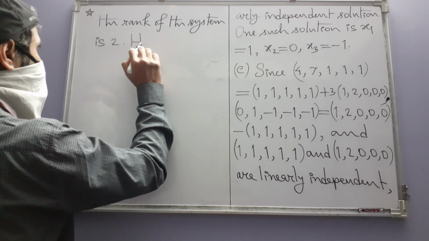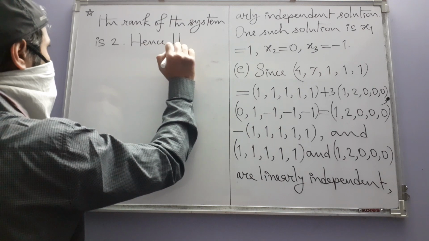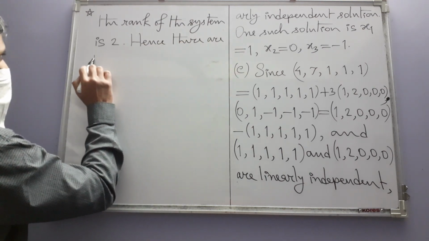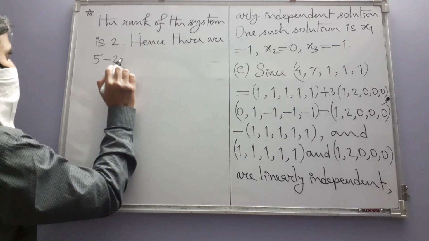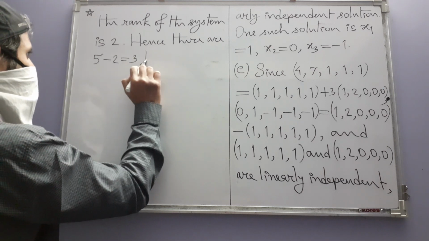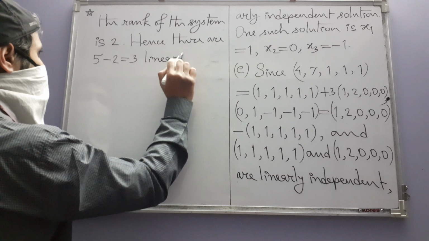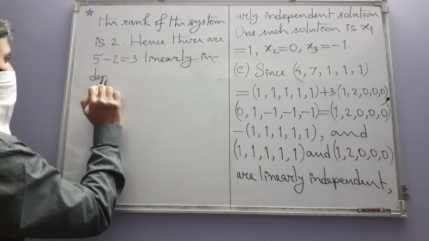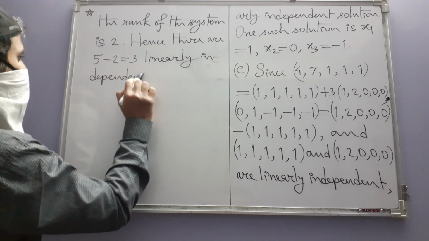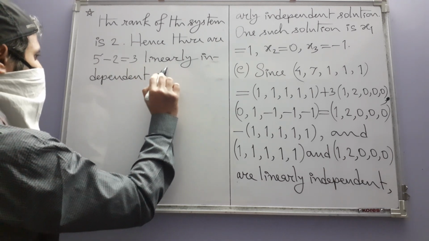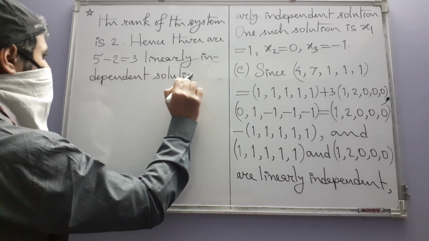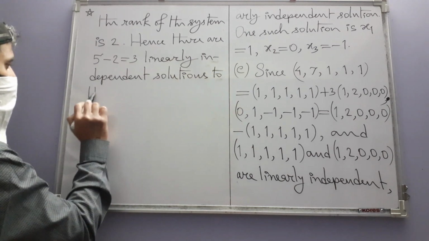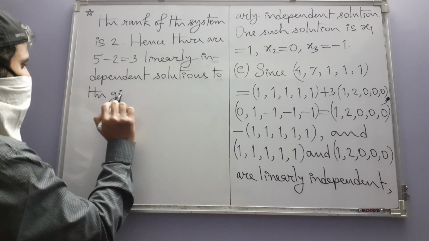Hence, there are 5 minus 2 equal to 3 linearly independent solutions to the given system.